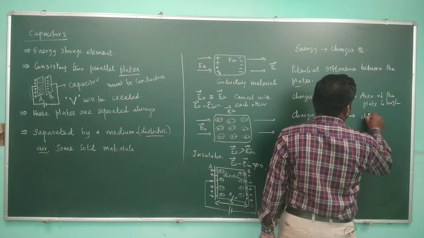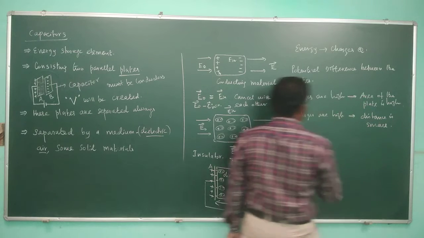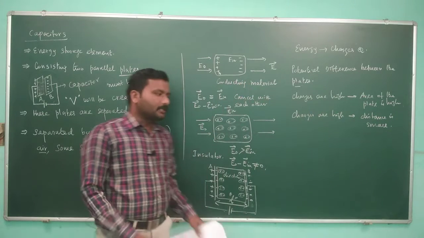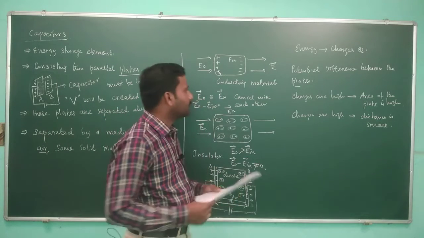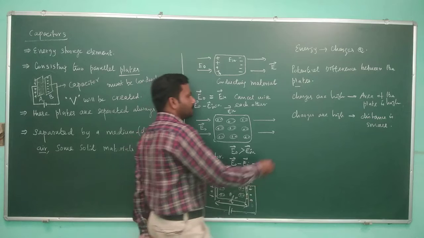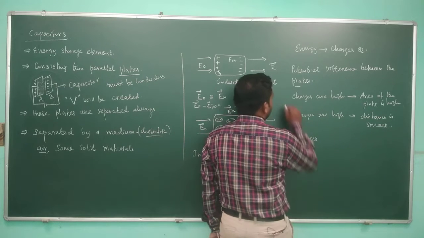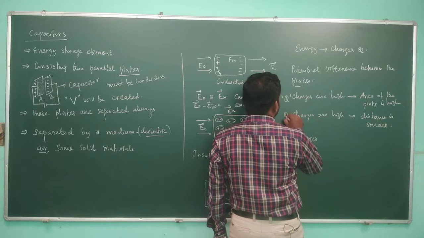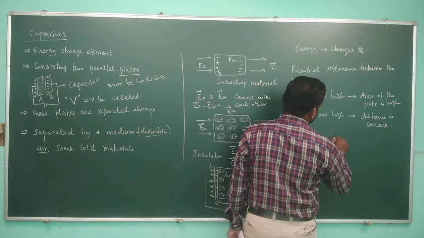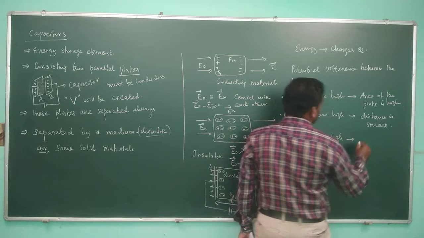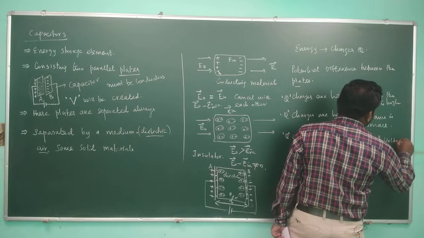is small. Then the number of charges that can be stored within these two conducting plates will be high. And these charges, essentially we can say Q, will be high if the applied voltage is high.